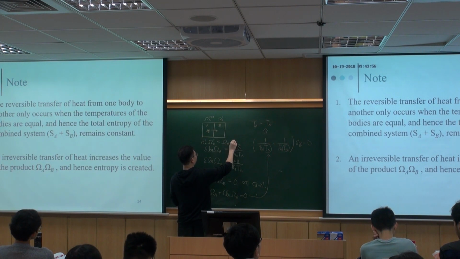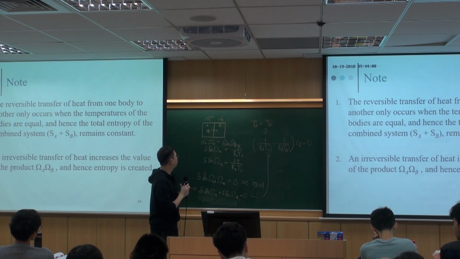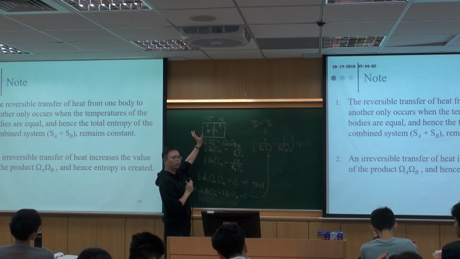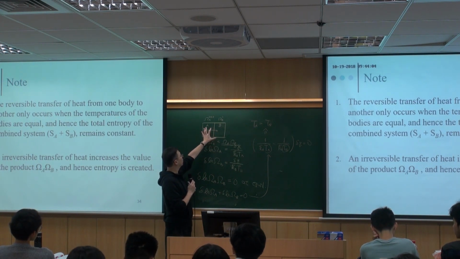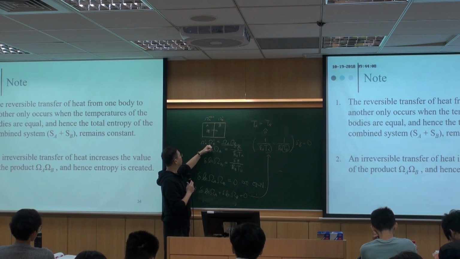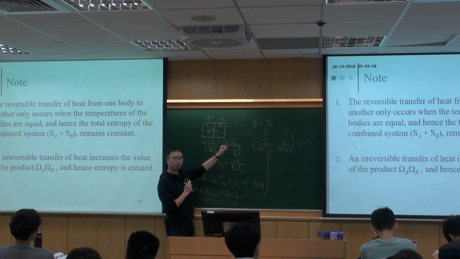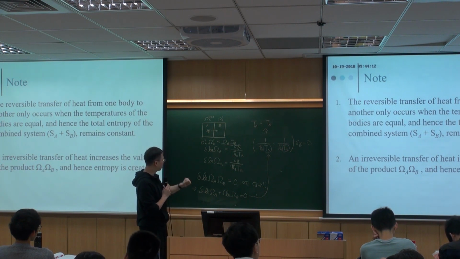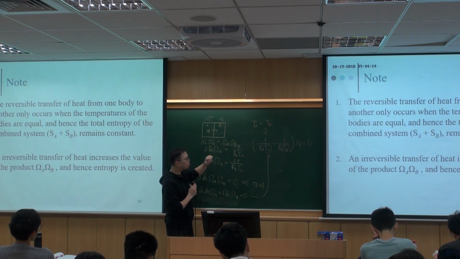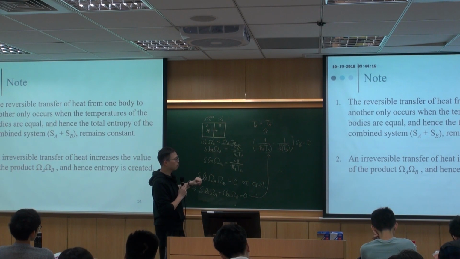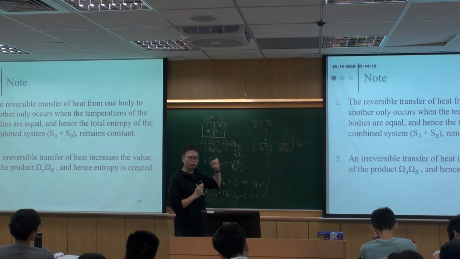Should be smaller than what we just derived, right? Because originally the entropy of the total system, the combined system of these two, should be smaller than the total entropy or the total configuration for the final state, such that we have an irreversible process.